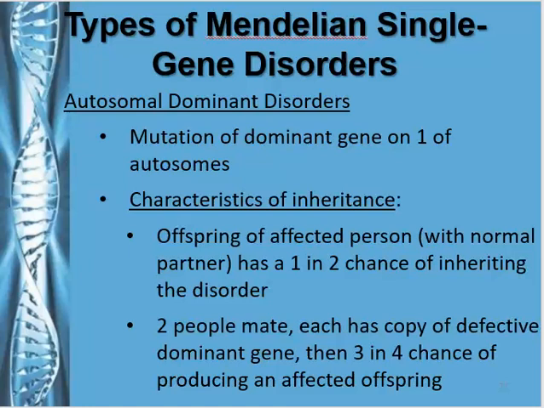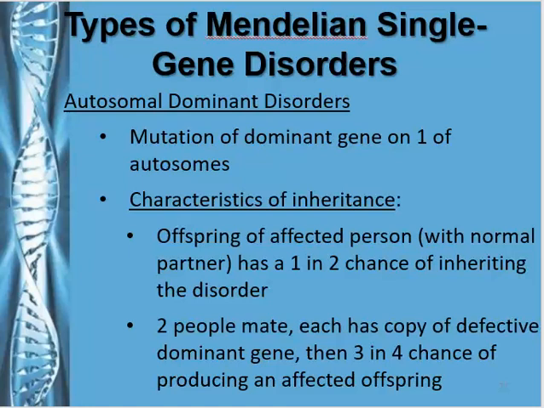That means that the parent had to have had this dominant gene, so at least one parent will be affected. If one parent is affected, if you put that in the Punnett square, then half of the children will have it. 1 in 2 chance.